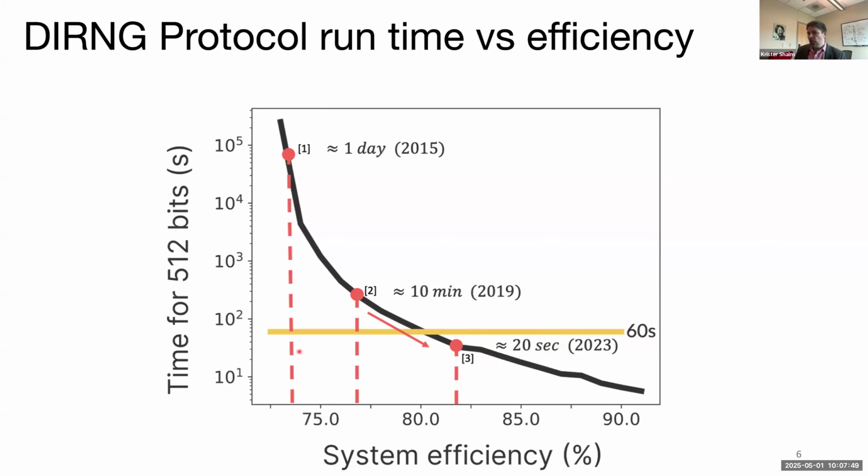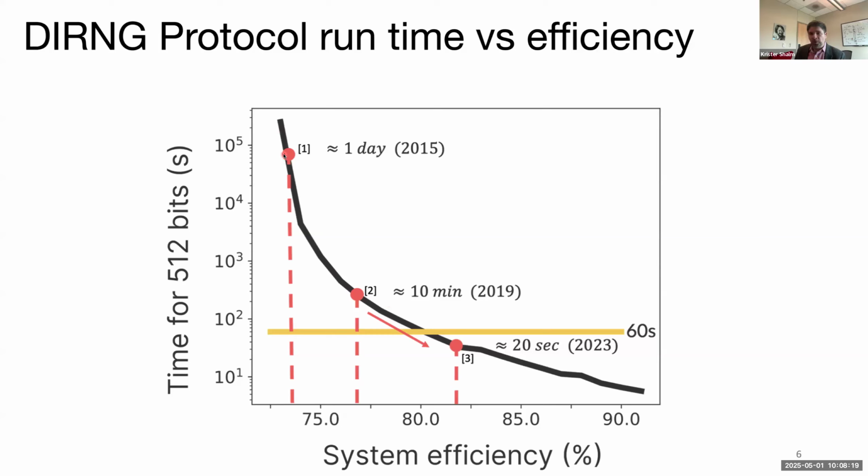It just shows how often, or how long, you need to run your experiment to get out 512 bits of device-independent randomness as a function of your system efficiency. So, if I produce a photon, how often do I detect it after going through my fiber and all the fiber coupling stages and all the other optics? And it's an exponential kind of curve.